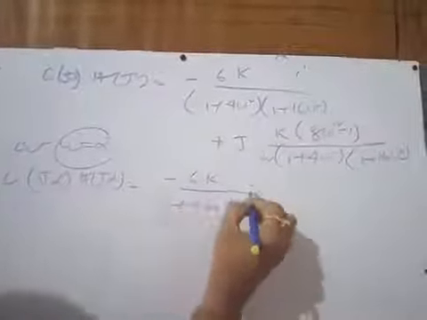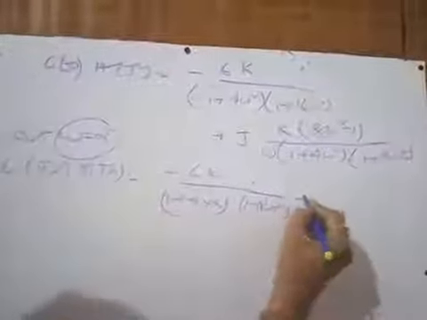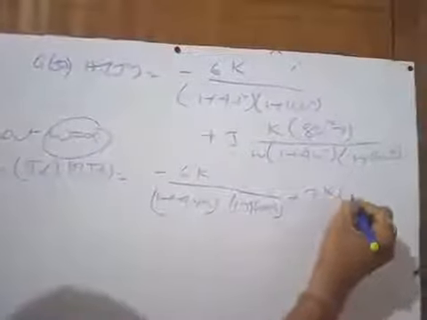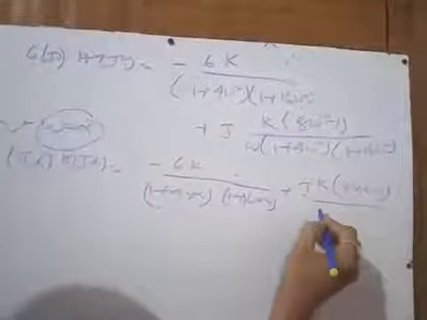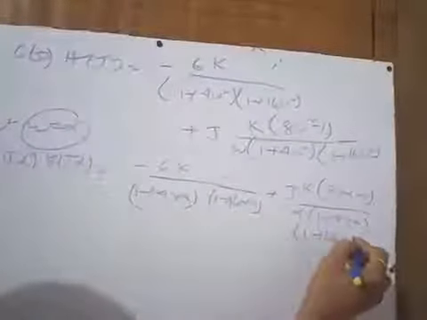At omega is equal to infinity, that is G(j infinity) H(j infinity), just put the value of omega infinity: 6k by (1 plus 4 into infinity) into (1 plus 16 into infinity) plus j k (8 into infinity minus 1 by infinity) by (1 plus 4 into infinity) into (1 plus 16 into infinity).